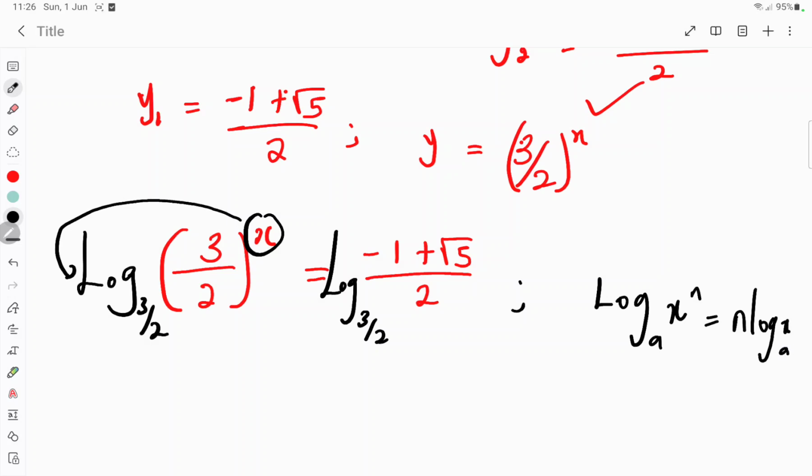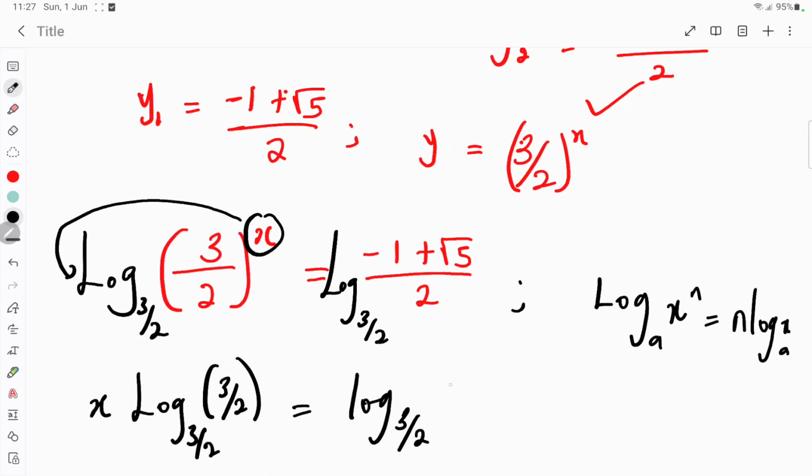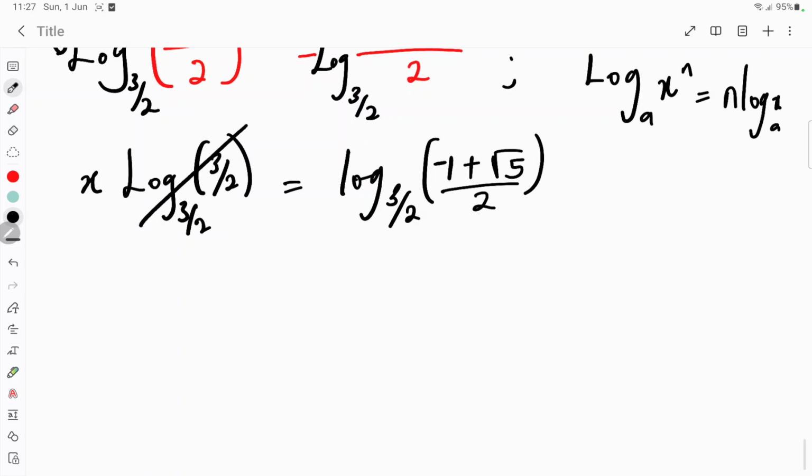So using this rule, x log 3 over 2 of 3 over 2 is equal to log 3 over 2 of minus 1 plus root 5 over 2. So from this now, this will be 1. So we'll have it that x is equal to log base 3 over 2 of minus 1 plus root 5 over 2.